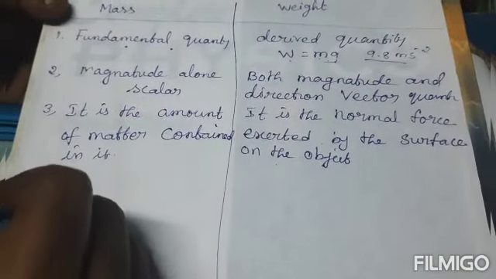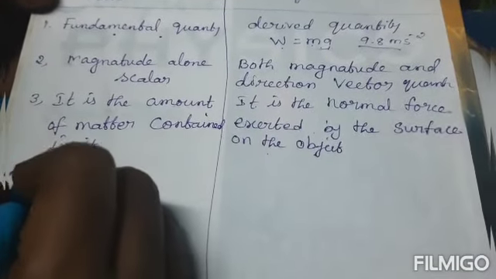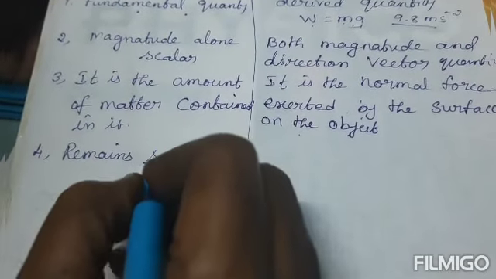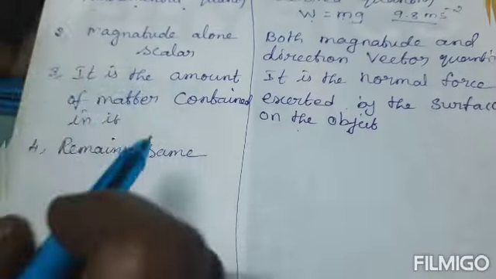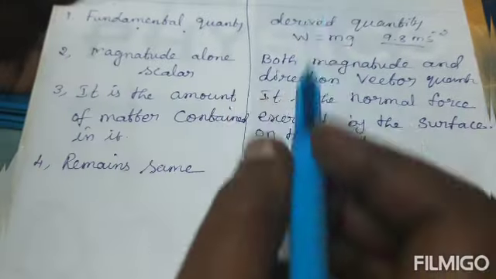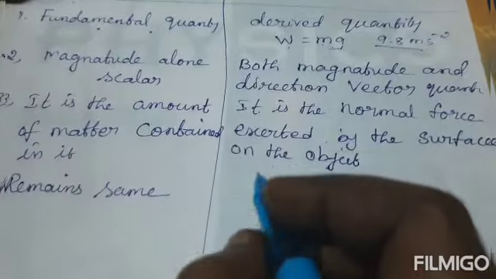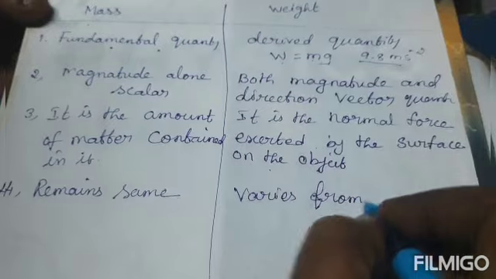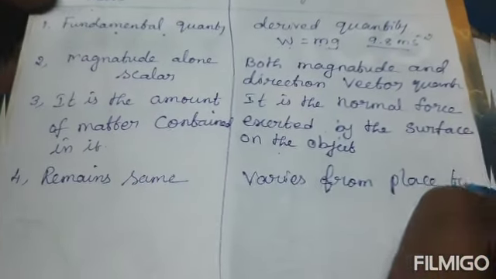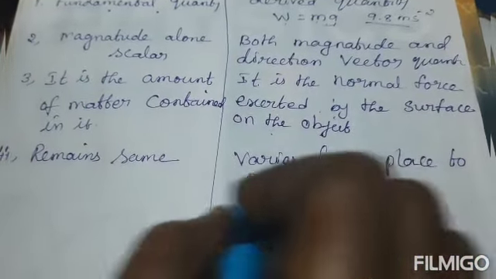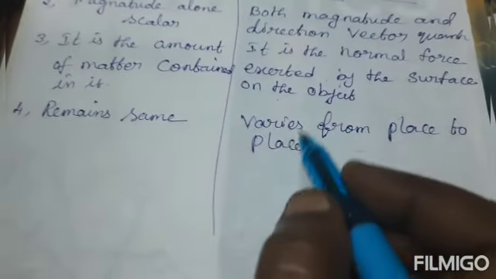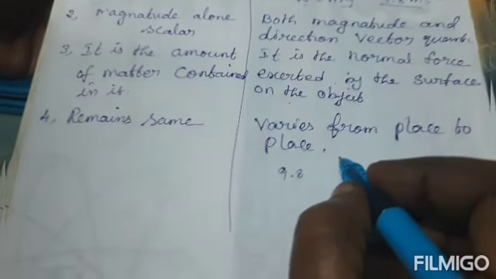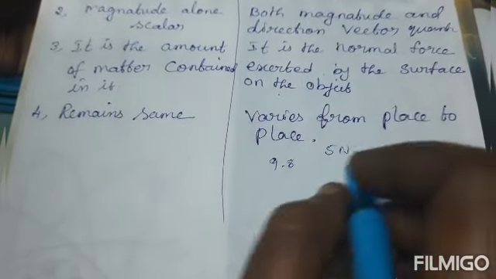Then the fourth point: mass remains the same everywhere. Mass does not change from place to place. But weight varies from place to place. How does it vary? Suppose on earth the acceleration due to gravity is 9.8. Suppose the mass is 5 kilogram.